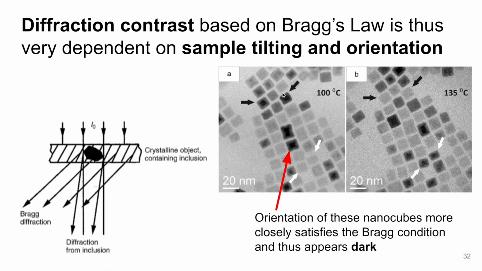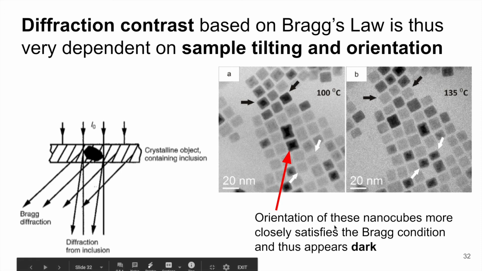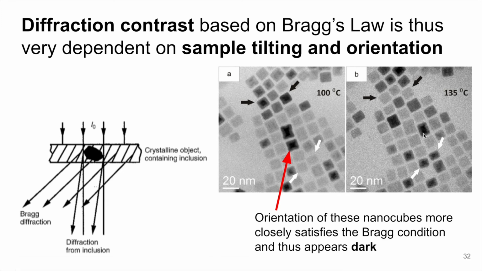You can see all these dark ones are diffracting because they are at the right orientation. However, you can also tilt that sample, and in doing so, different crystals would be at different orientations.